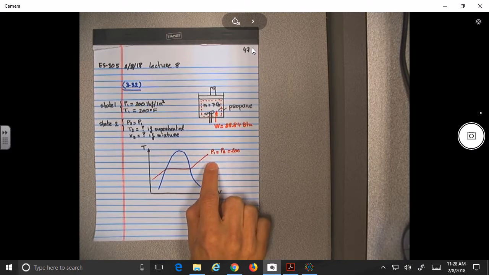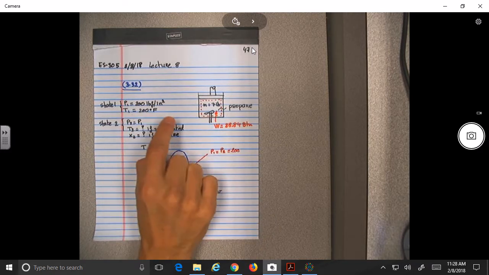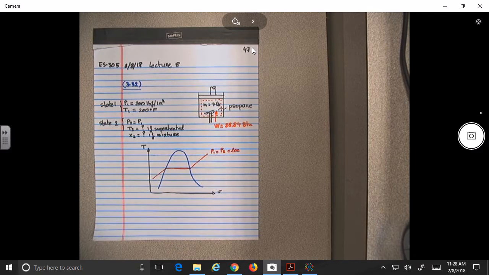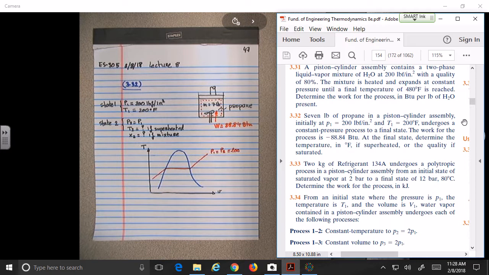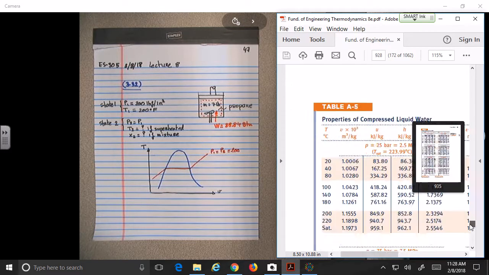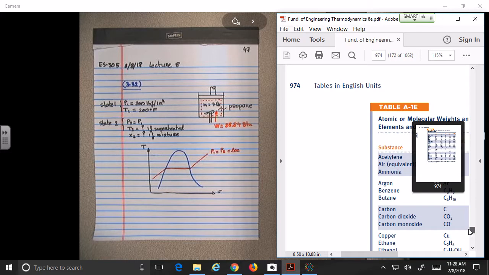So we need to go to the tables for the propane in English units and look at what happened at 200 pound-force per inch squared. All right? So here we have to open this over here. Let's say tables. These are, oops.